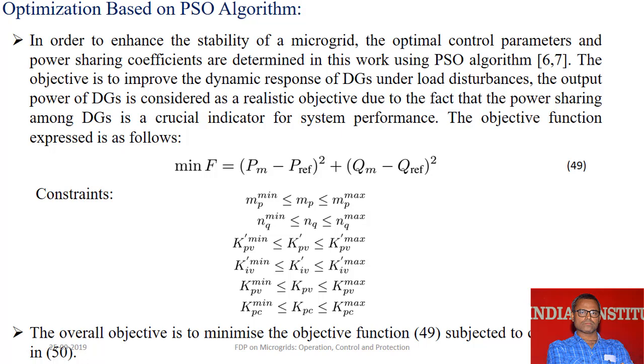Here the PSO algorithm is used, and the objective is minimizing the difference of real and reactive power, that is PM minus P reference and QM minus Q reference. So the overall objective is minimized with these constraints. These minimum and maximum values we know from the eigenvalue analysis; from that it is decided, right?